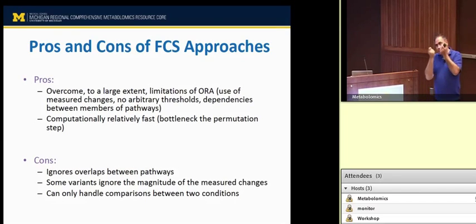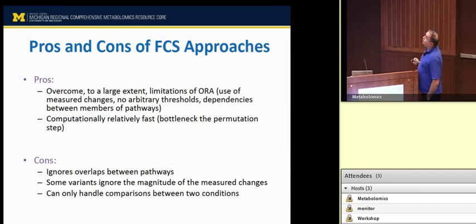Because it looks at the statistic itself. It doesn't use a threshold and say differentially expressed or non-differentially expressed as a 0, 1, but looks at the exact value of the t-statistic, and therefore, different compounds bring different amounts of evidence when you calculate the pathway enrichment score. Therefore, you don't use arbitrary thresholds, and so forth.